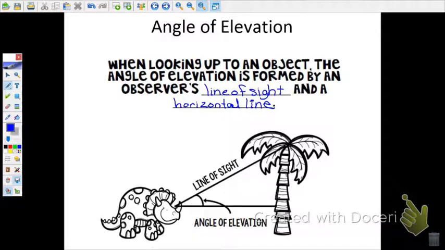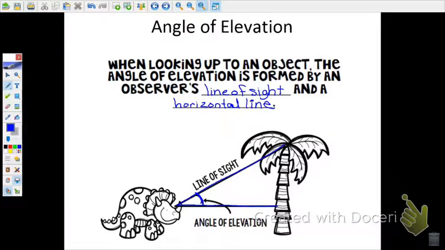So when we look at the diagram they have given us, that angle of elevation is formed by the observer's line of sight. Our dinosaur, instead of looking straight ahead, which is that horizontal line, is looking up to the top of the tree, and that is our angle of elevation.